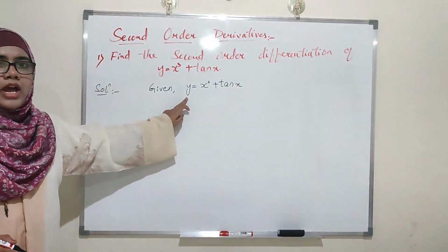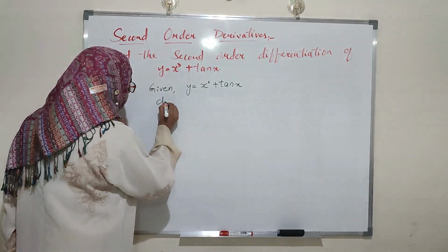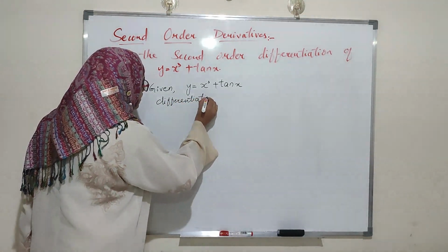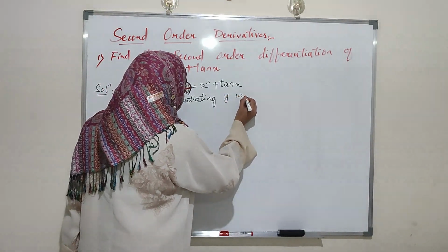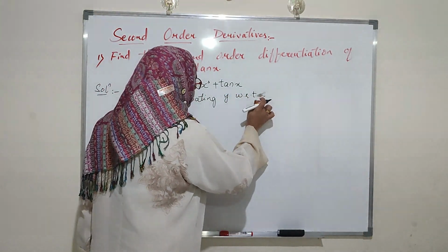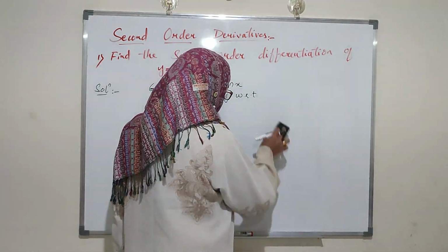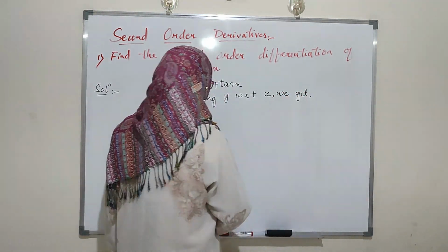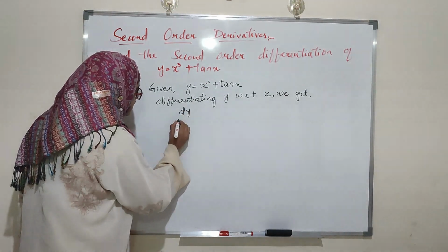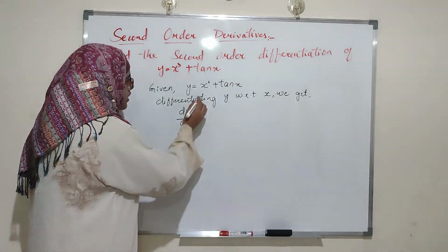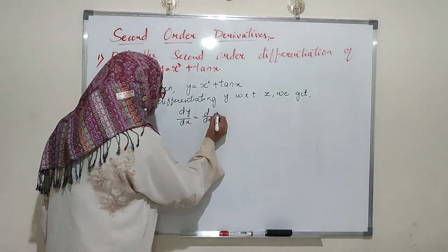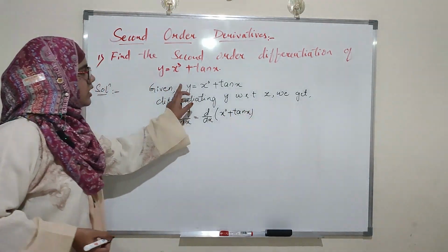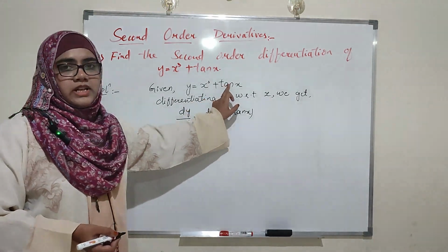Okay, now differentiating y with respect to x, we get dy by dx is dy by dx of x cube plus tan of x.